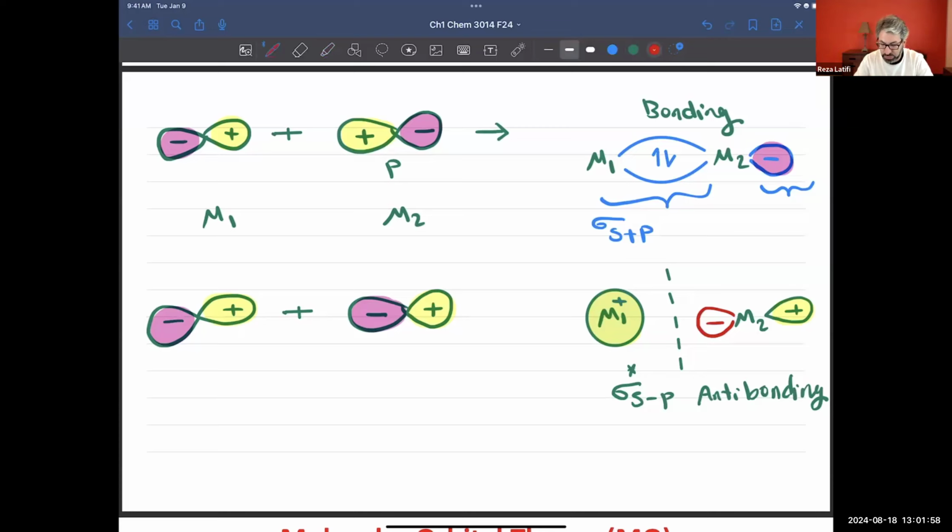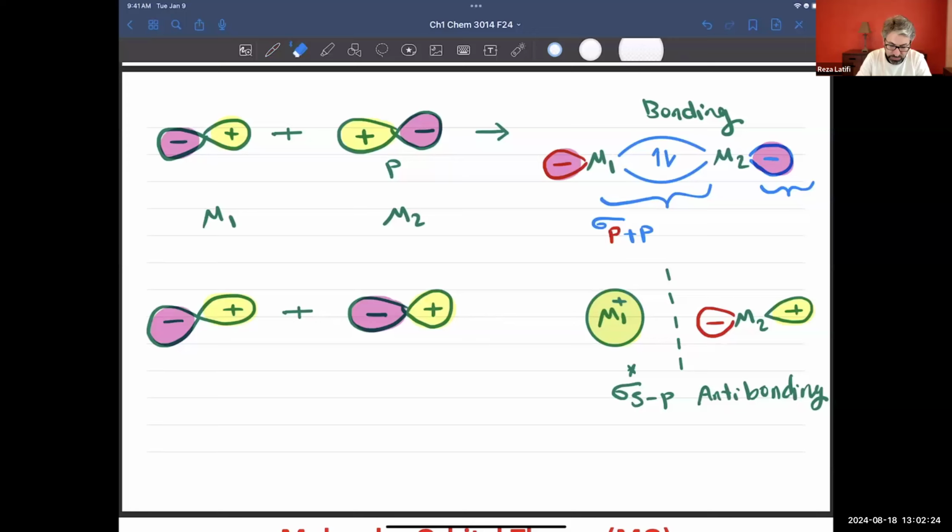The difference between a PP interaction versus an SP interaction is that you're going to get another piece here, and that one will be negative. This interaction, I'm going to call it sigma star of PP. Two p orbitals reaching each other head to head are giving you another sigma interaction.